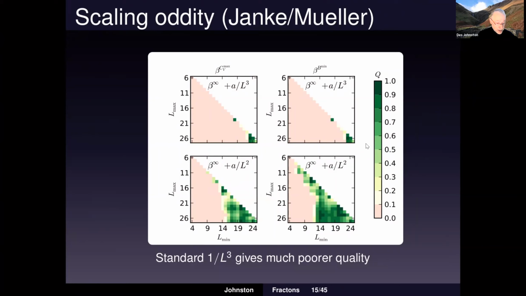And for our purposes, pink, it started out as red, but it's come out as this horrible pink. Pink is bad, green is good. So if you try and fit the standard scaling form for a first order phase transition for this Plaquette Ising model, it doesn't work. If you fit this, so they were just playing around to see what fitted well, instead of L cubed, L squared, if you fit that instead, you get a good fit.